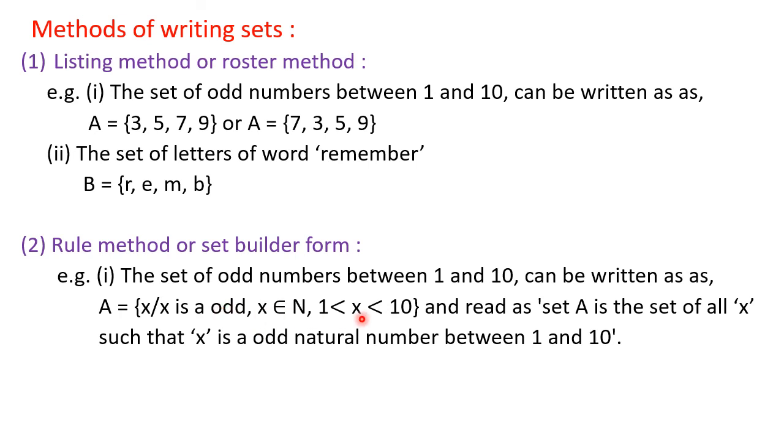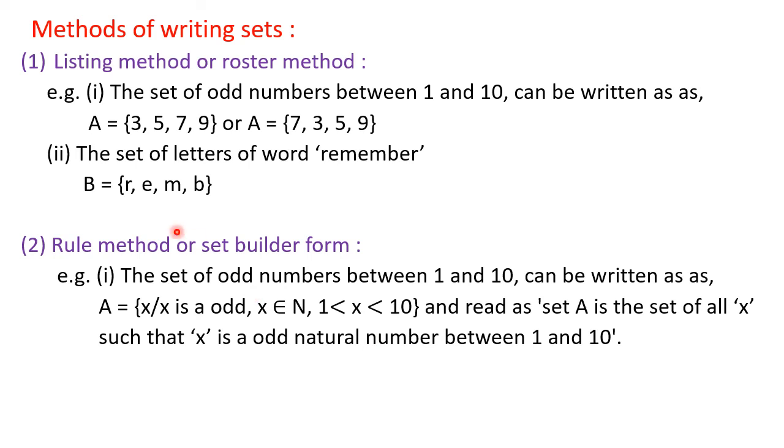Together we make a statement and combining them we can write it like this. So, understood the difference? Here we are writing a list, meaning we are writing all the elements. But here we are not writing elements. Instead, we are writing a rule, a property to describe that particular set.